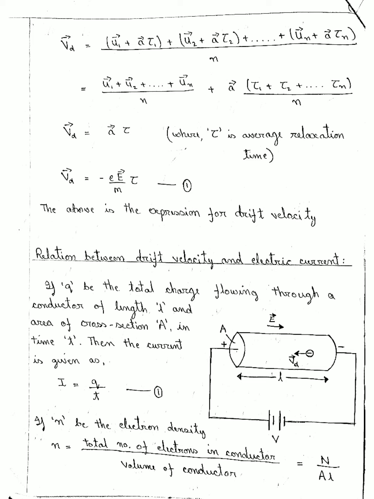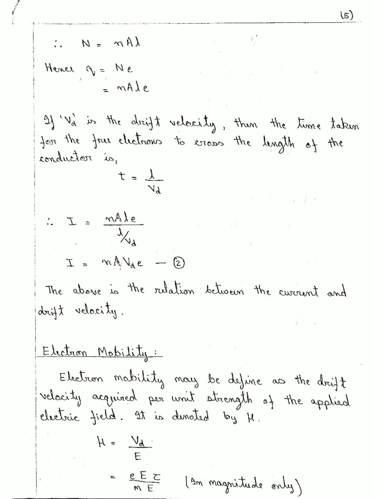Now, we define a quantity n to be an electron density, and this electron density is the total number of electrons in the conductor per unit volume of the conductor, and it is equal to N, capital N, which is the total number of free electrons inside the conductor, divided by A into L, which is the volume of the conductor. And this capital N, the total number of free electrons, is equal to nAL. This small n is the electron density.